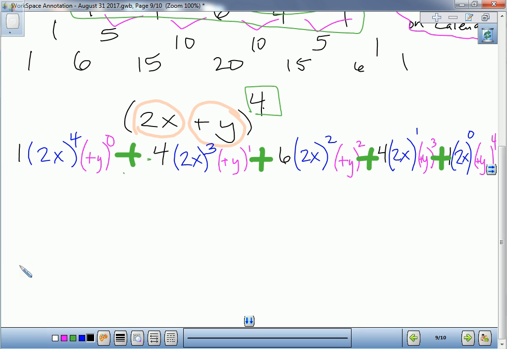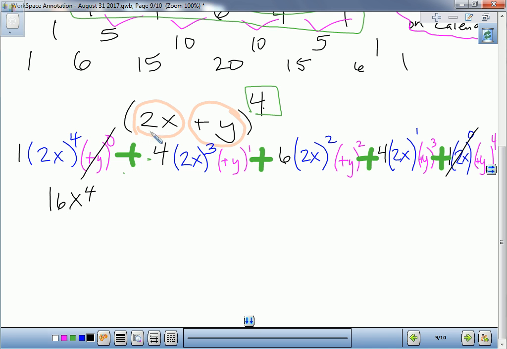That's my only numbers in that one, right? 1 times 2 to the 4th, that's 16. And then the x has to be raised to the 4th. And what happens to a 0 power? It's like 1, so that kind of goes away. And that means this one goes away here at the end too, because anything to the 0 power is 1, so multiplying by 1 doesn't change anything.